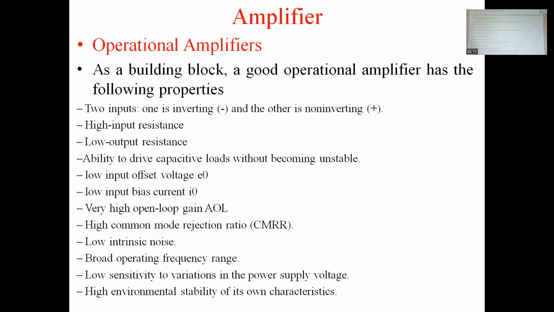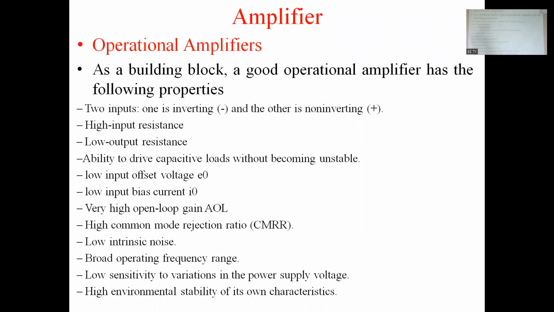A good operational amplifier has the following properties. Two inputs, one inverting and another non-inverting, one positive and one negative. High input resistance, the input resistance of the operational amplifier should be high. Low output resistance.